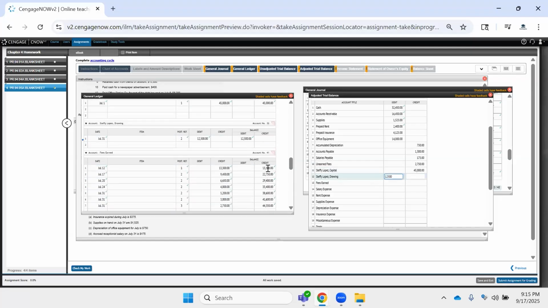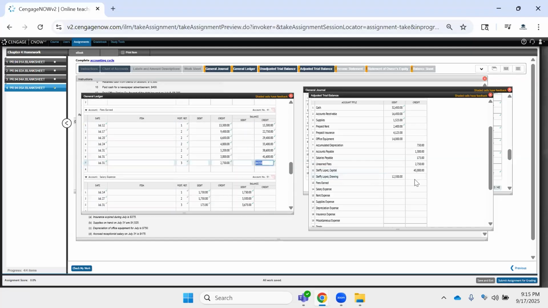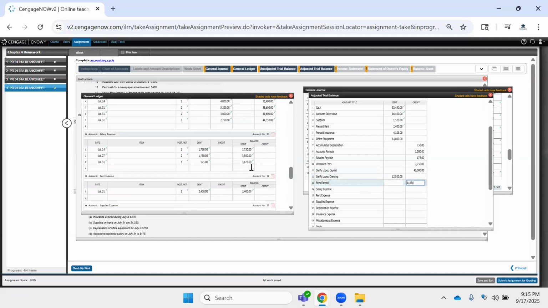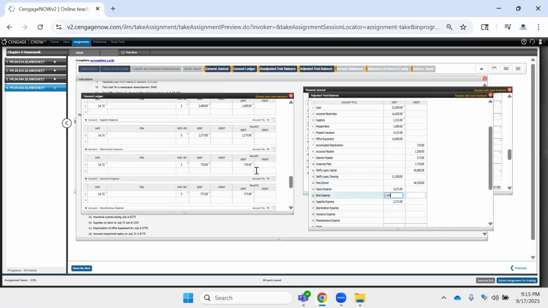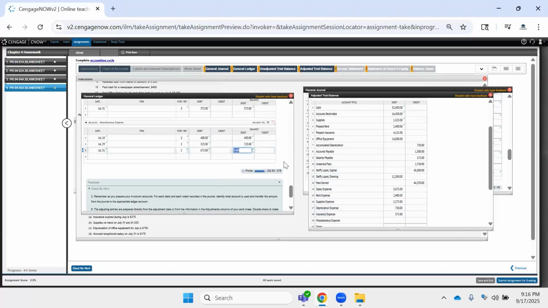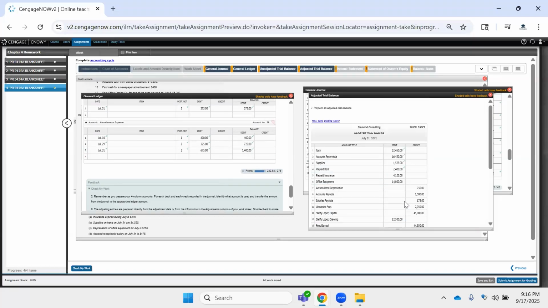Our drawings are debit, running revenue balance, our expenses, salaries expense, supplies expense, rent expense, depreciation, insurance, and miscellaneous expense.